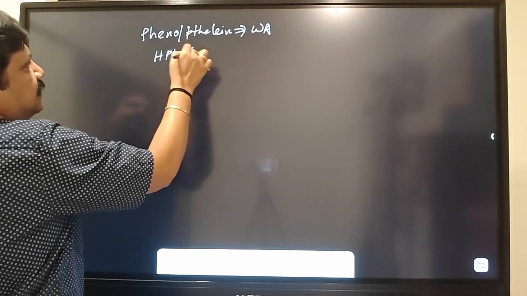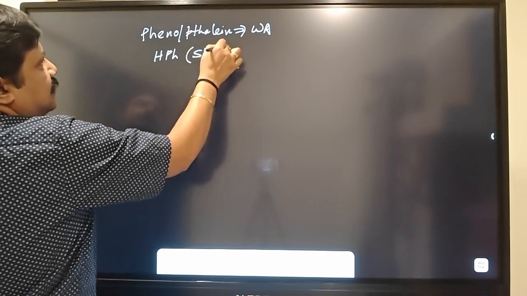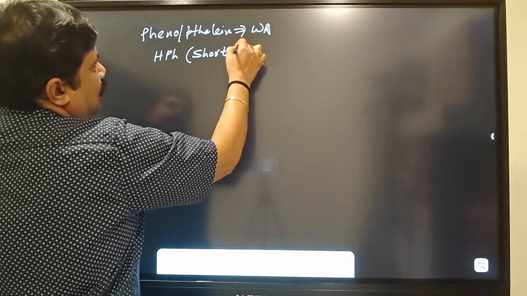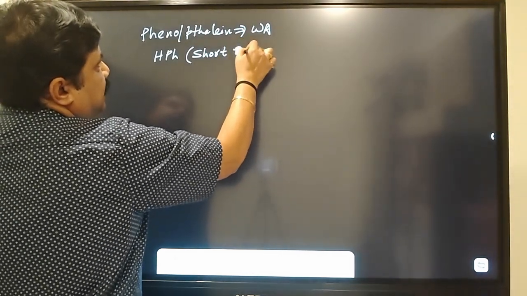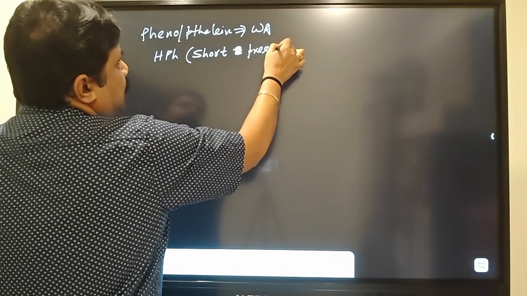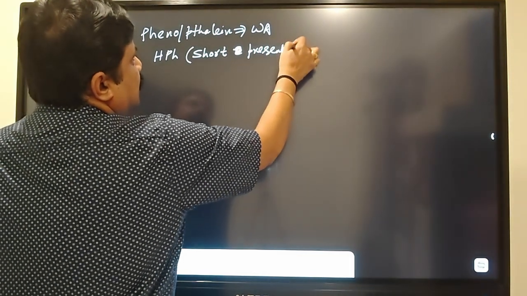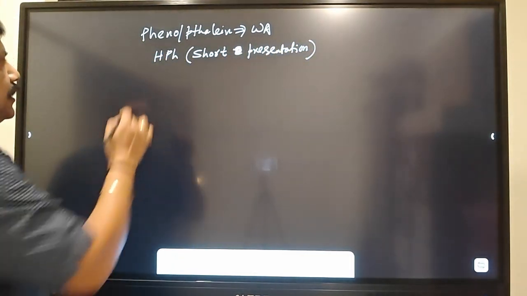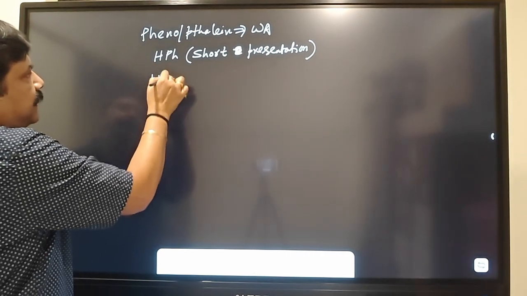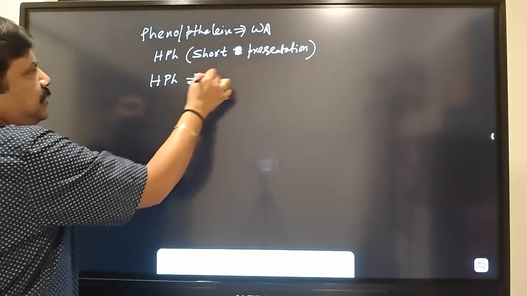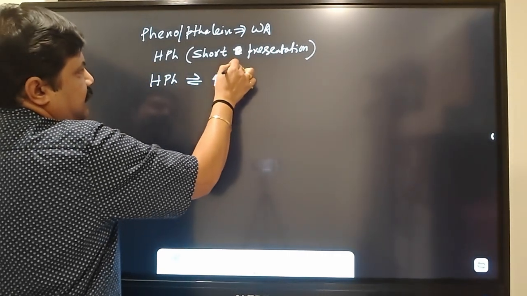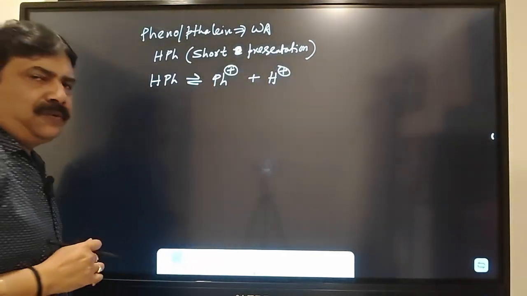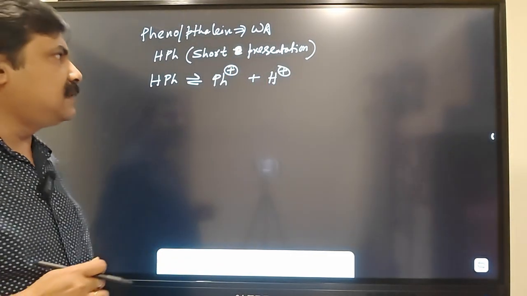This is a short representation of phenolphthalein. Now if you look at this, phenolphthalein will be dissociated like this. It's a weak acid and gives H plus. That means phenolphthalein is a weak acid, it can provide the H plus.